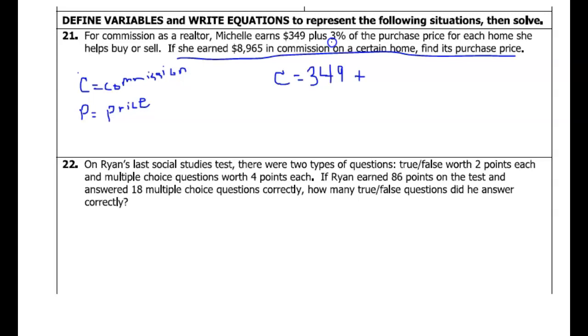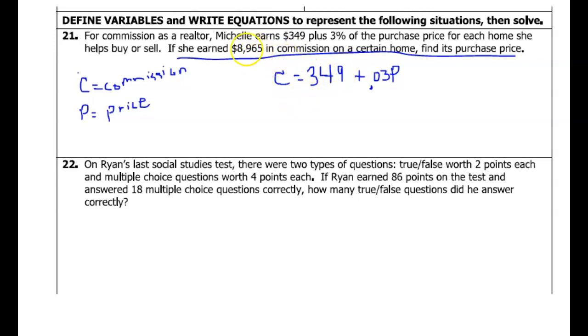Well, 3% of the purchase price is just taking the purchase price, which I'll call P, times 0.03. That equation gives us Michelle's commission.